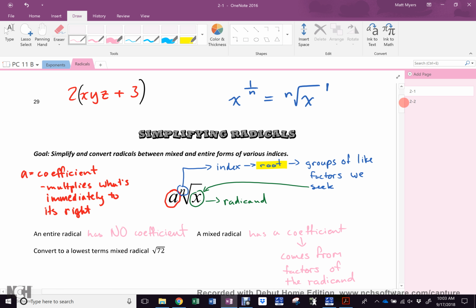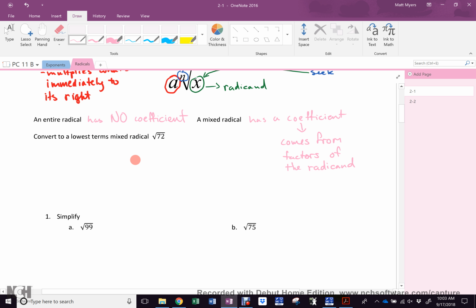Now, in this space right here, I want you to split it into 3 blocks. All right? Over on the left here, you are going to write the square root of 72.